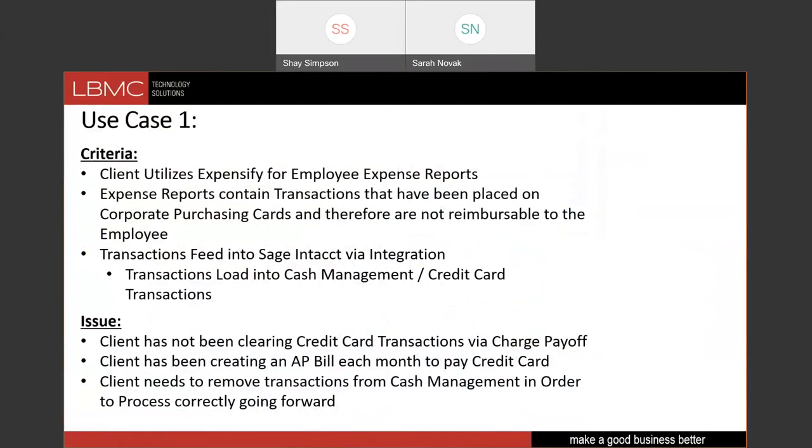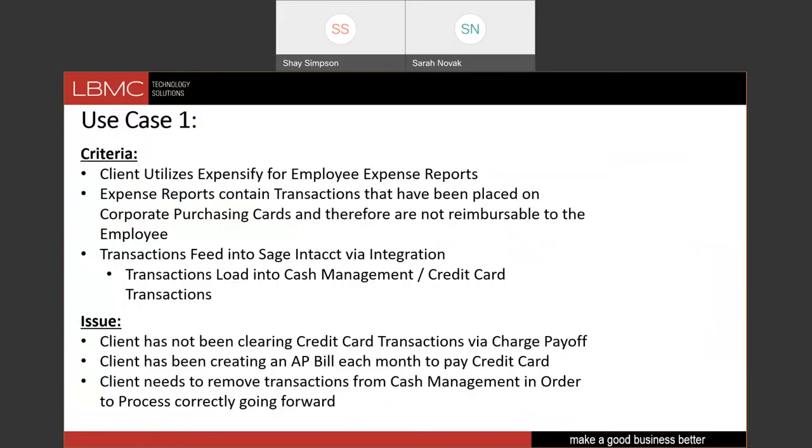All right, so what's our criteria? Our client uses Expensify for employee expense reports, okay? Those expense reports contain transactions that have been placed on corporate purchasing cards, and therefore they are not reimbursable to the employee. These transactions feed into Sage Intacct via an integration.